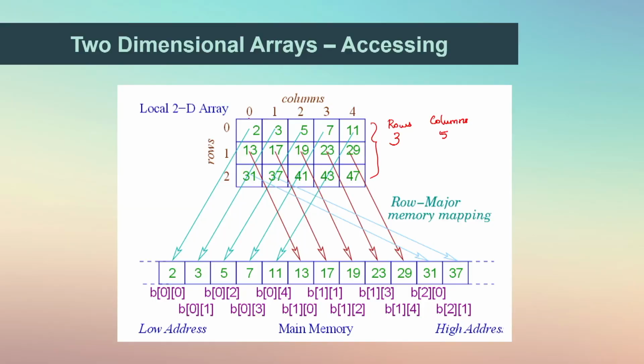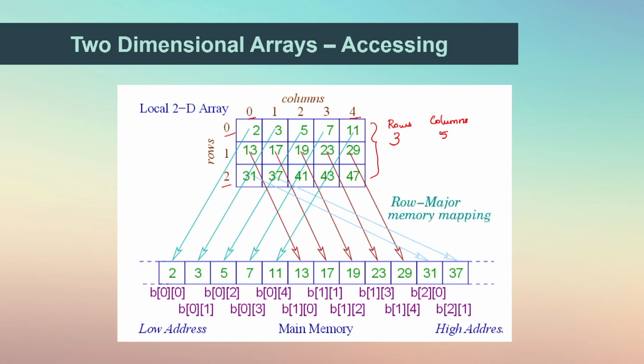If there are 3 rows and 5 columns, we will be accessing the array elements with two subscripts, since it is a two dimensional array. The subscript starts from 0 to 4 for the column representation and 0 to 2 for the row representation.